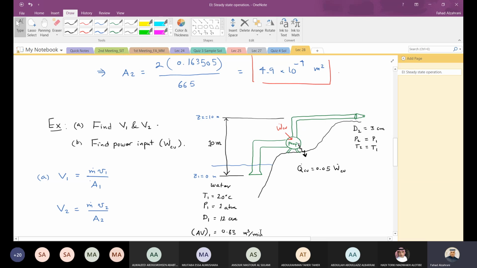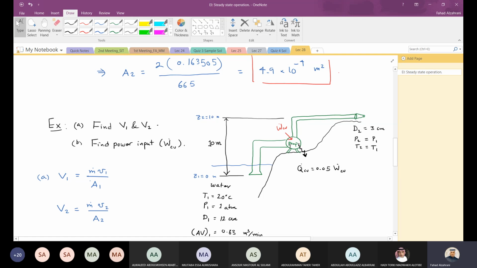So a little bit less than 1 meter cubed per minute. So the exit here, shabab, I have a smaller diameter of 3 centimeter, and the temperature and pressure at the exit state is same as the inlet state, okay? So P2 equals P1 and T2 equals T1, okay?